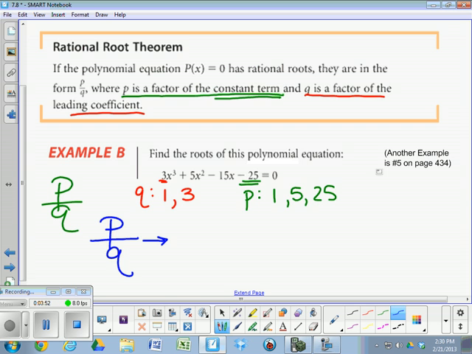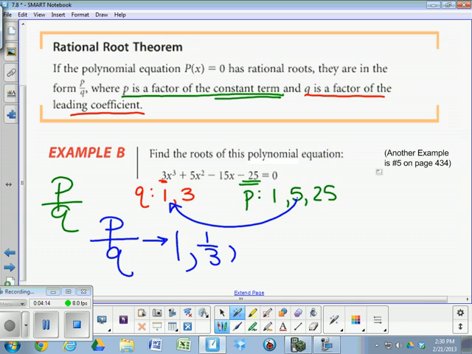So, what I want you to do is just go right down the line and do this P over this Q, then this P over this Q. So our candidates are 1, 1/3, then do 5 over 1 and 5 over 3.